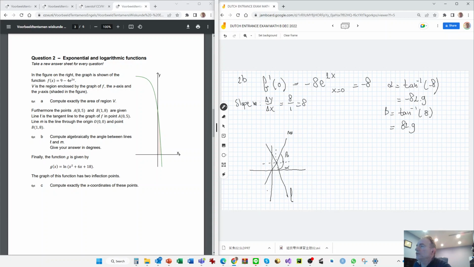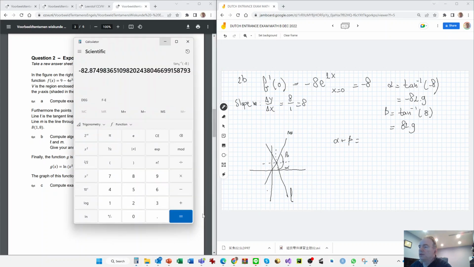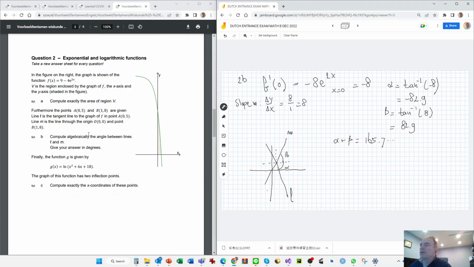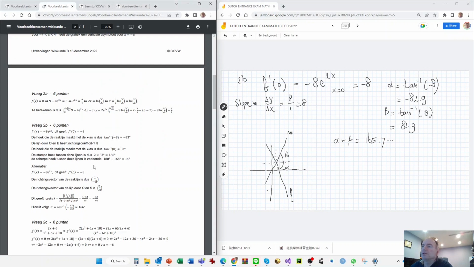Well, so now we know that the angle between these is alpha plus beta, basically these two. This times 2 is 165.7, and etc. etc. Let me check what the answer should be.